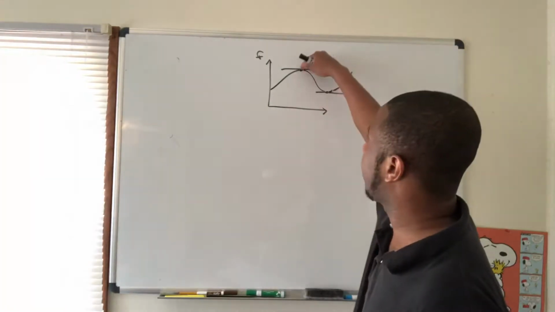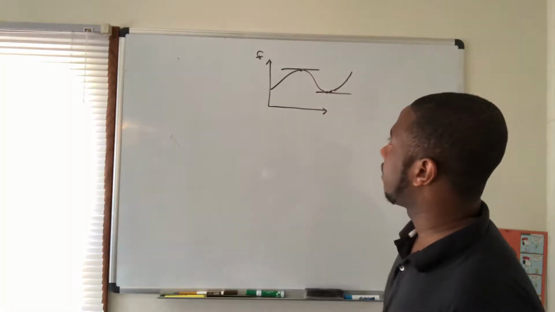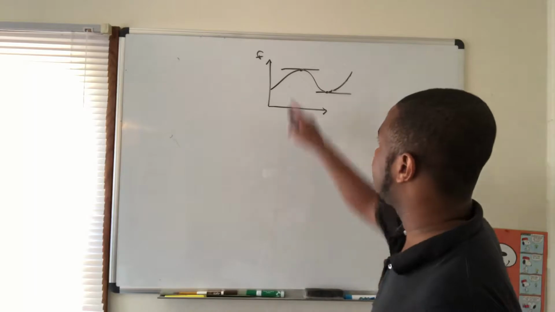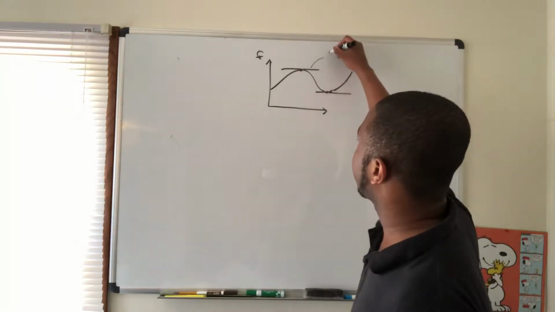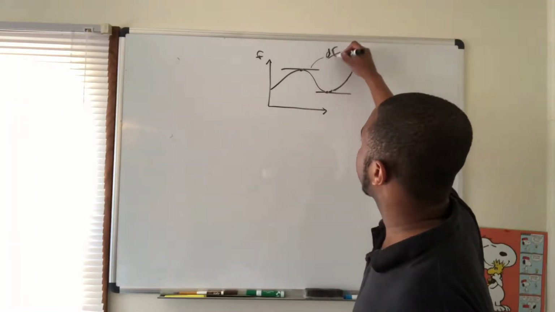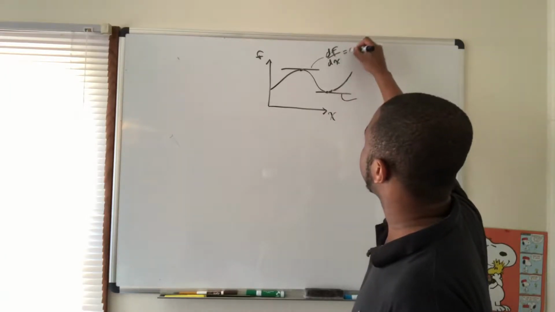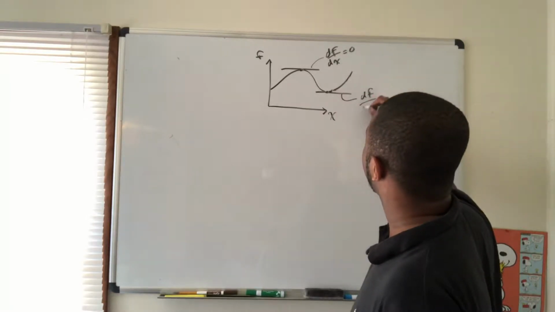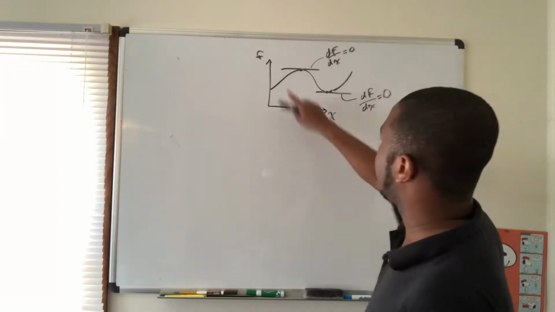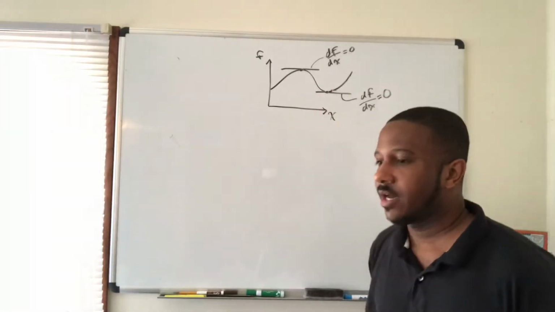As you can see here, both these points are stationary points. The slope here is 0, right? And the slope here is also 0. So we call these stationary points.